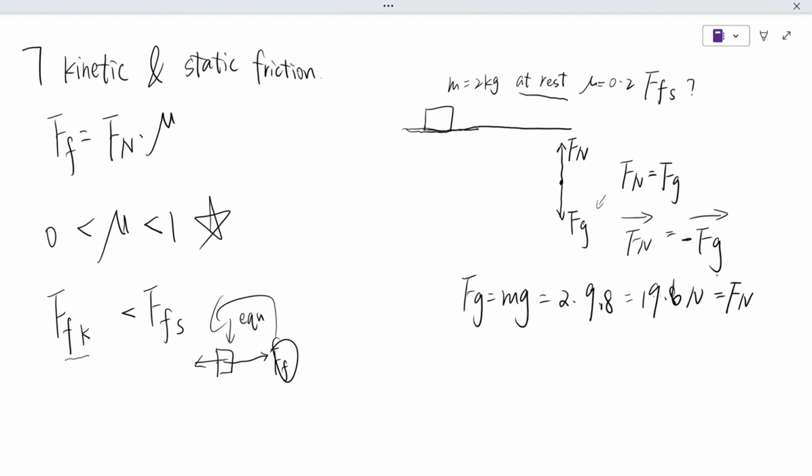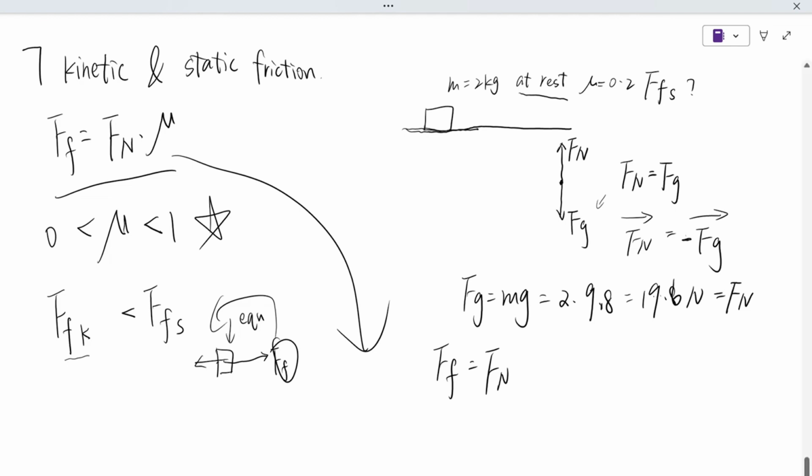Well, how do we get the friction force? Using this formula: Ff, the friction force, is equal to Fn times mu, which is equal to Fg times mu.